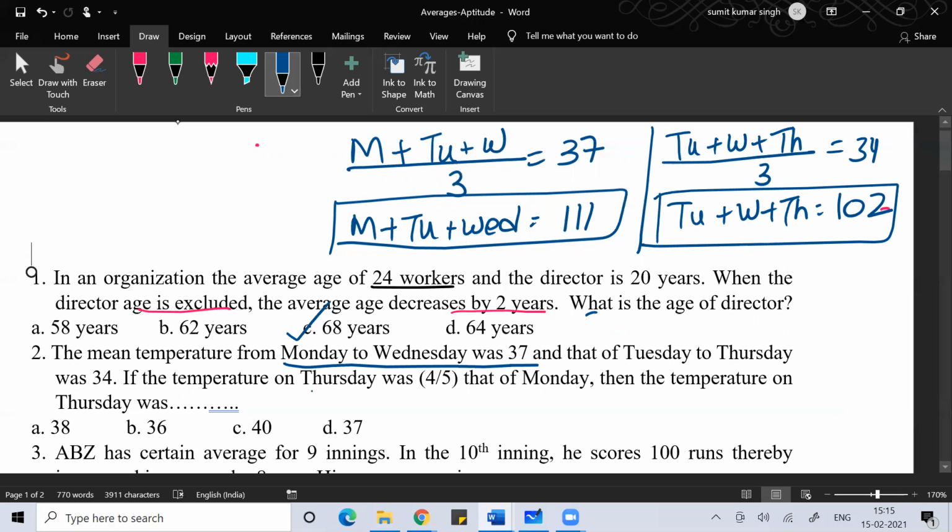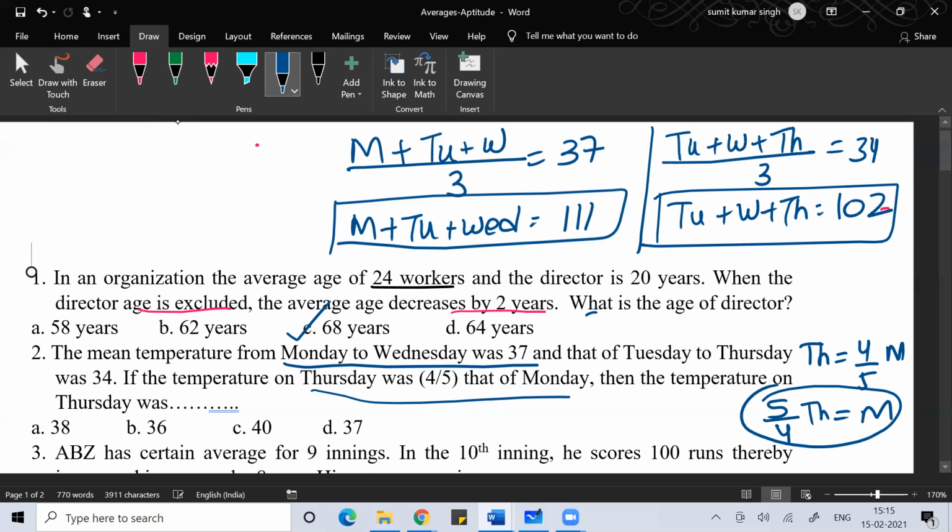If the temperature of Thursday is 4/5 of Monday, what is the temperature of Thursday? So the temperature of Thursday is 4/5 of the temperature of Monday. So I can say the temperature of Monday is equal to 5/4 of the temperature of Thursday. Very generic thing.